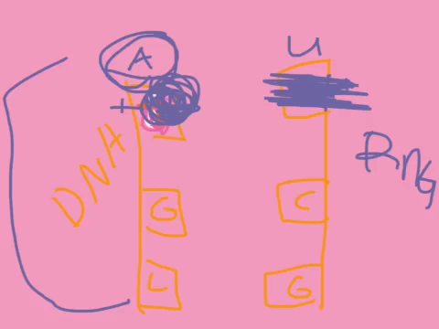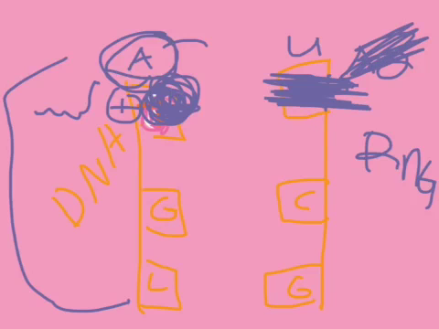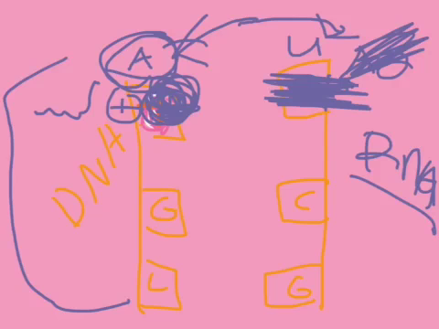So when the radiation or the other thing came along and changed the T into an A, it also changed this and turned it into a U, so the U could match with A. Usually a T would go with A, but since this is RNA, RNAs aren't able to make T's, so they have to make U's.